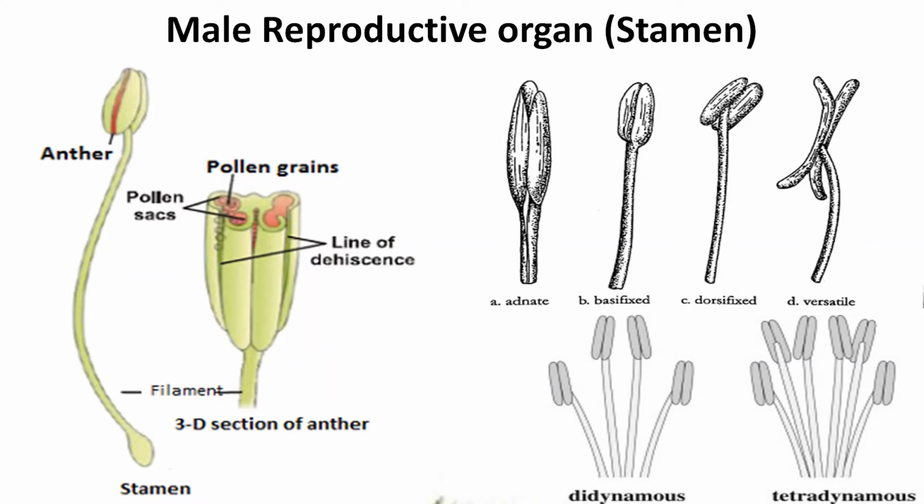See, this is the apex of the filament. It is attached to the base of the anther. This is seen, examples can be Solanum, Brassica. Clear? Now dorsifixed. In dorsifixed, the apex of the filament is firmly attached to the back of the anther.